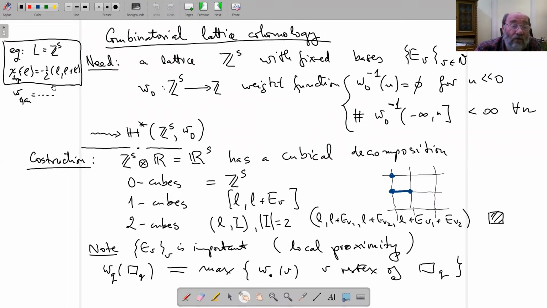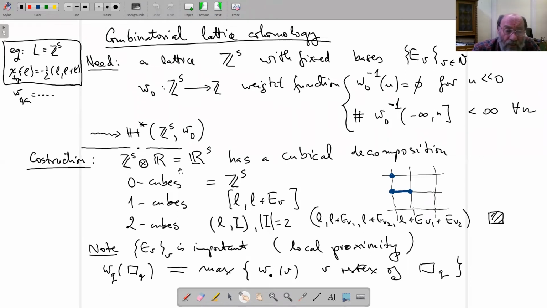If I think of it as a real definite quadratic function, over the reals, then of course I have to apply it to lattice points. Inside an ellipsoid at level n, I have finitely many lattice points, and we have all these finiteness properties. But what we consider here is just again a lattice, a fixed basis, and a weight function with some finiteness condition. And out of this, I want to construct the lattice cohomology.